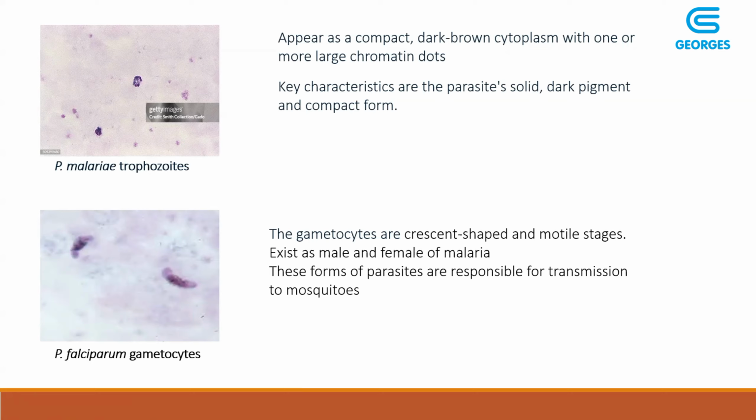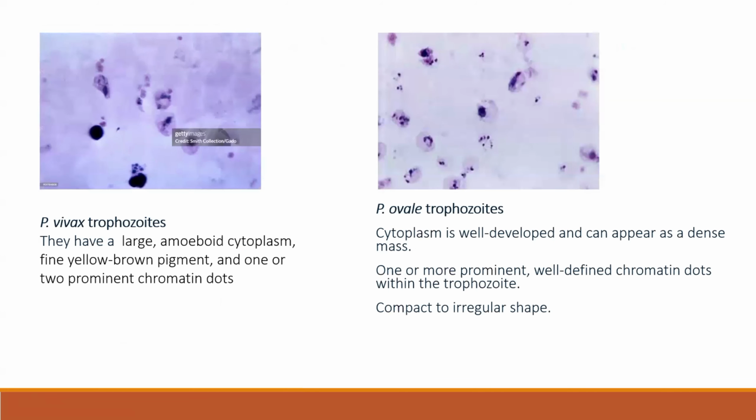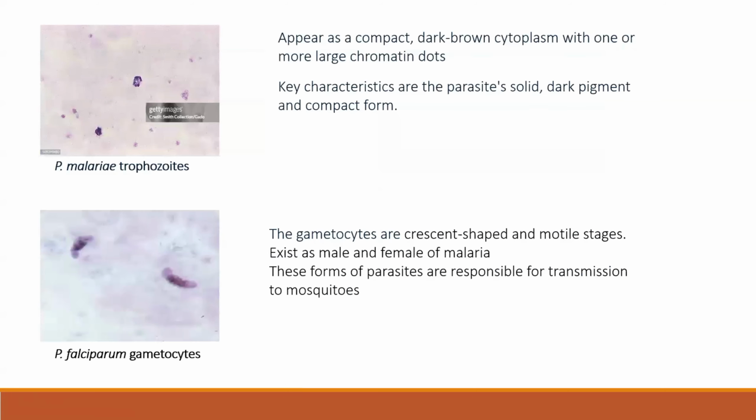The key characteristics of these parasites is they are solid, dark, and big. They are solid, dark, pigmented, and compact in form. So when you go back to the previous slide, you can easily differentiate between P. vivax and P. malariae trophozoites.